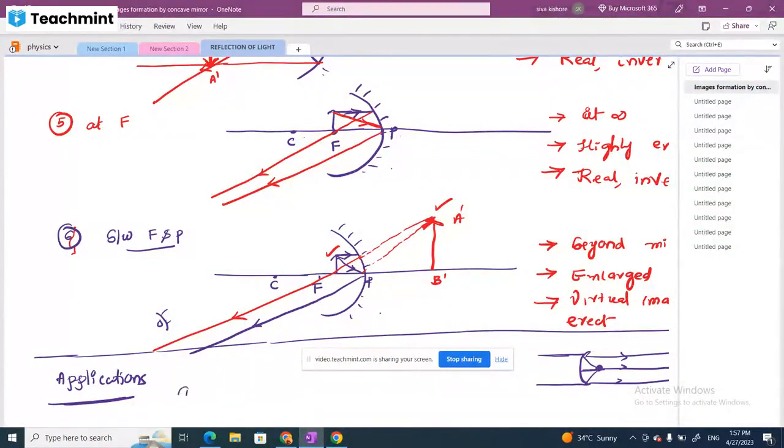We use it in torch lights and vehicle headlights.